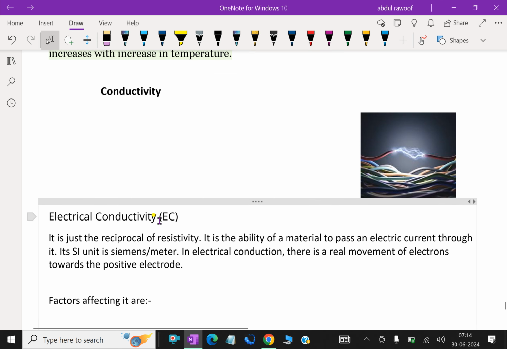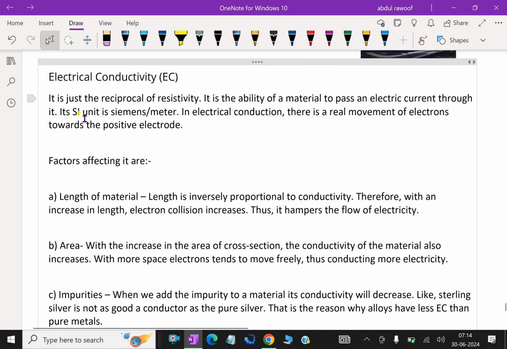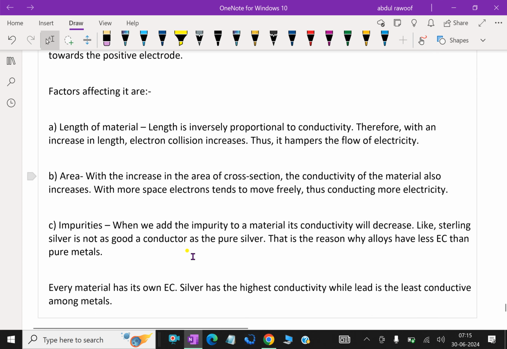Next, what is conductivity? Electrical conductivity is just the reciprocal of resistivity. It is the ability of a material to pass an electric current through it. The SI unit is Siemens per meter. In electrical conduction, there is a real movement of electrons towards the positive electrode. Factors affecting electrical conductivity: length of the material is inversely proportional to the conductivity, and with an increase in the area of cross section, the conductivity of the material also increases.